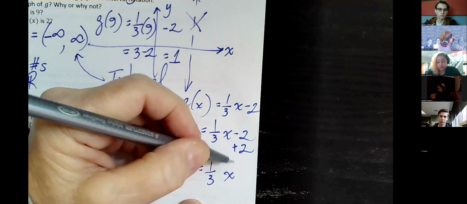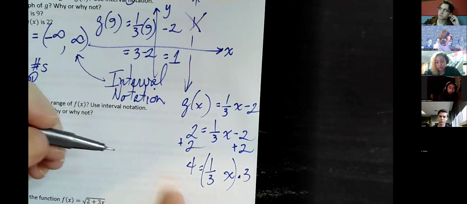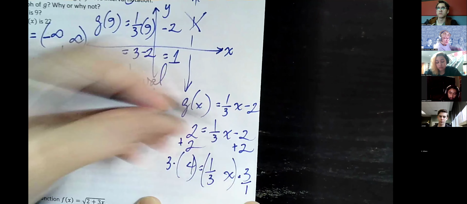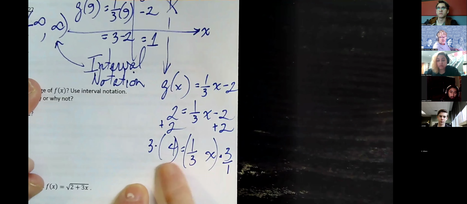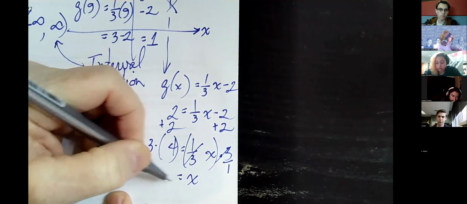That's right. So if we multiply one side by 3, we have to multiply the other side by 3. 3 is the same as 3/1. And why is it happy to multiply 1/3 by 3/1? You're multiplying by the reciprocal. That's right. And we get that x is 12.